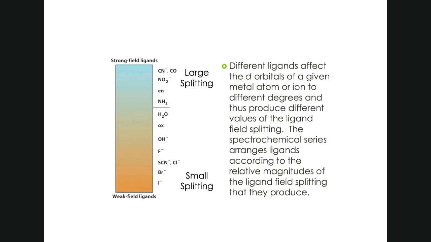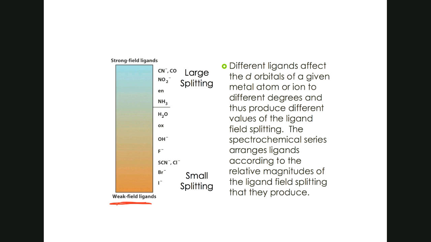So what we have is what we call a spectrochemical series, where we have a listing of ligands and we arrange them by how they influence delta octahedral. So if they cause a small split, we call these weak field ligands, right? And if they cause a large split, we call these strong field ligands.